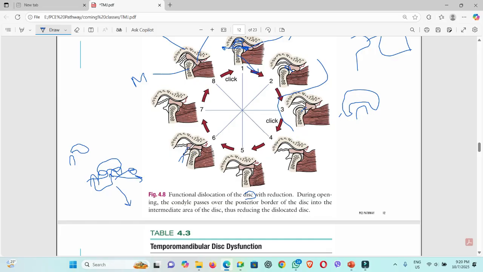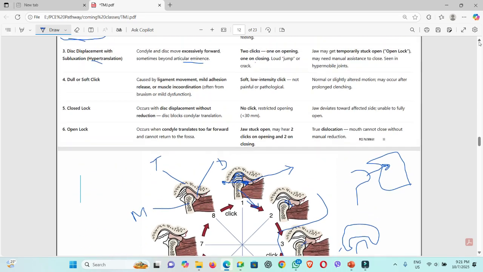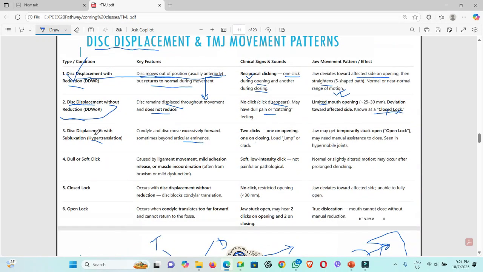So this condyle was here initially. One click was while moving through this bump, and the condyle keeps on going anteriorly, and one click will be heard when it passes this bump. So disc displacement with subluxation, that is subluxation, two clicks.